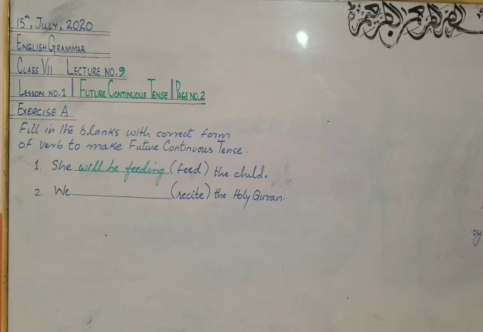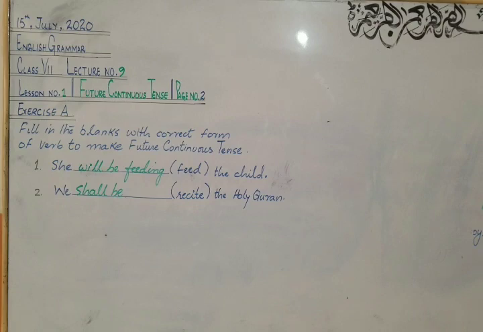All right. The next we have, we recite the Holy Quran. What do we use with we? Very good. Shall be. Yes, we use shall be, और shall be के बाद अब क्या करेंगे? Exactly.